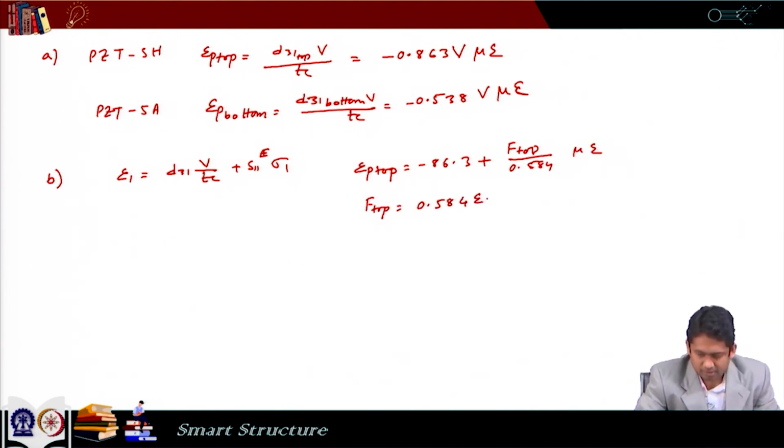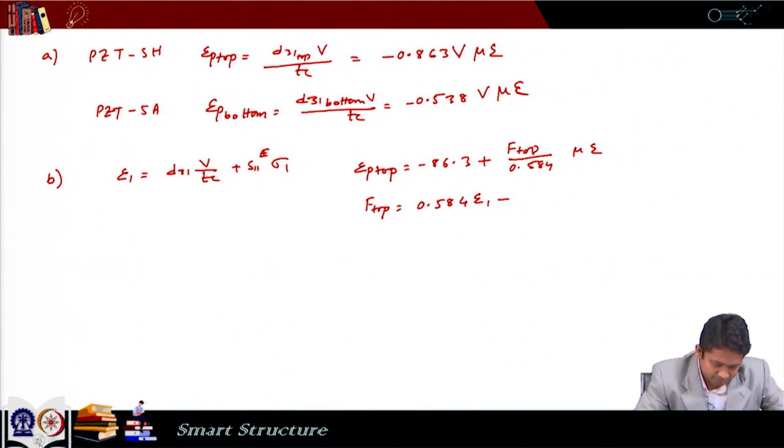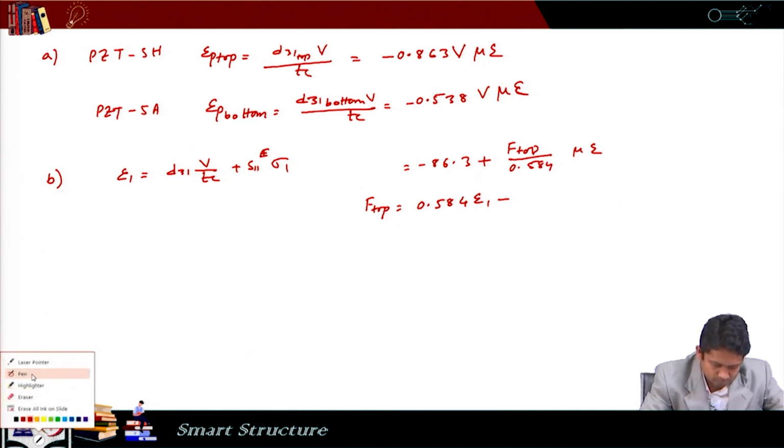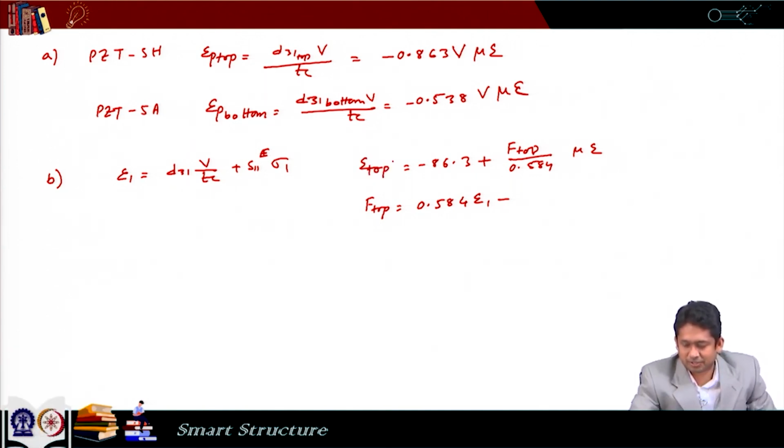The force F top comes to be 0.584 epsilon top, and we cannot use P because it is not a free strain.